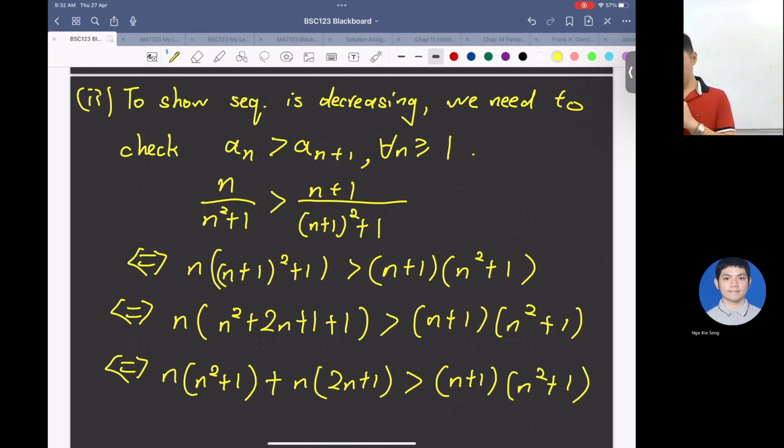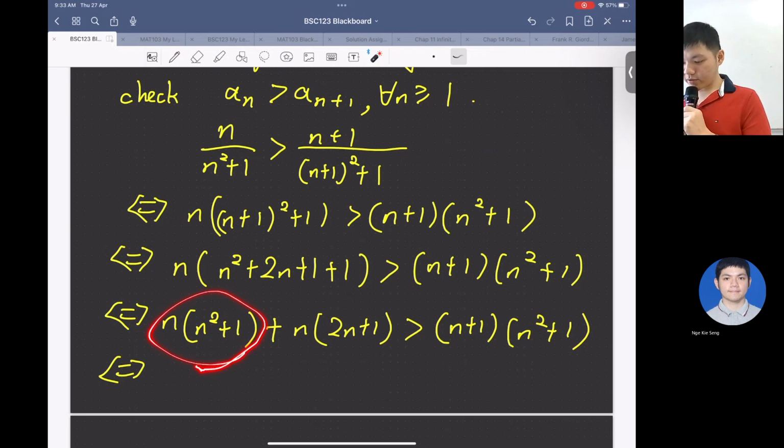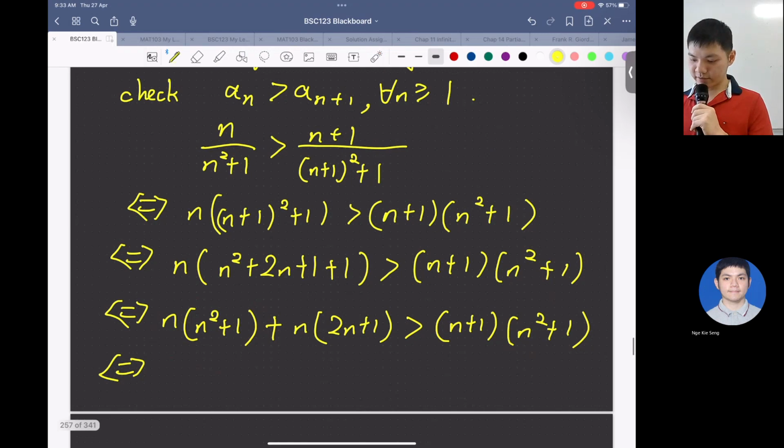Right? Okay, so what can we do? You can see that here we got n over n squared plus 1. Here we also have n times (n squared plus 1). Is it following? Okay, maybe I expand it further.